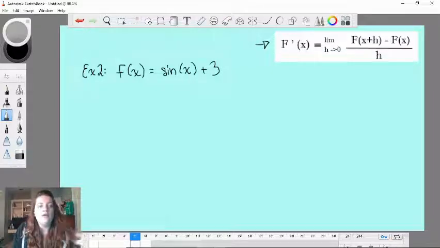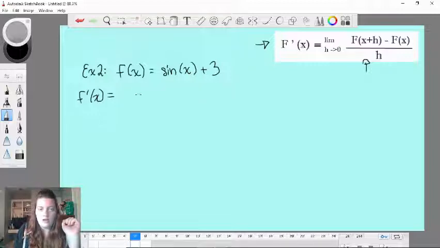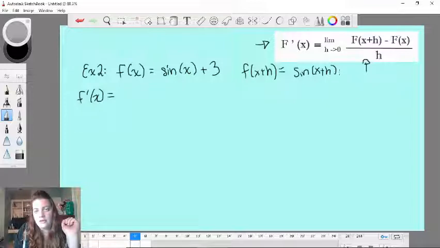So the derivative of f of x equals f of x plus h minus f of x all over h. So f of x plus h in this situation is going to be sine of x plus h plus 3. Okay?